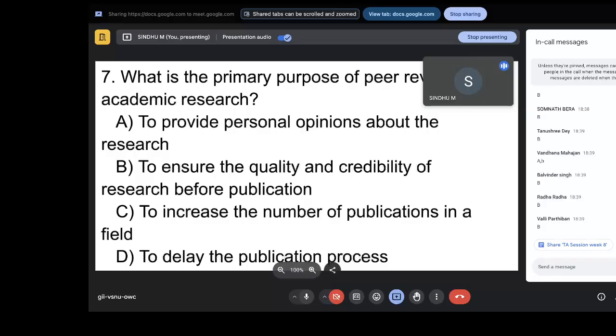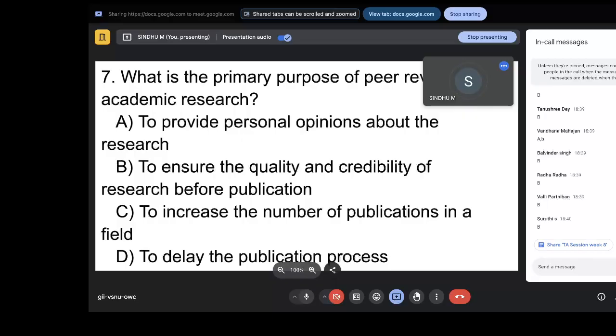They will go through the entire study to check if all the claims made by the author are supported by the data and the experiments that they have done.